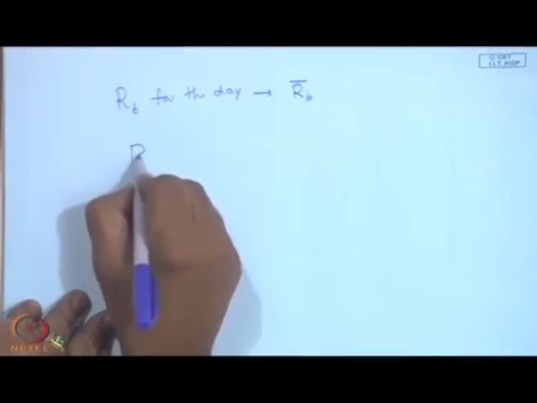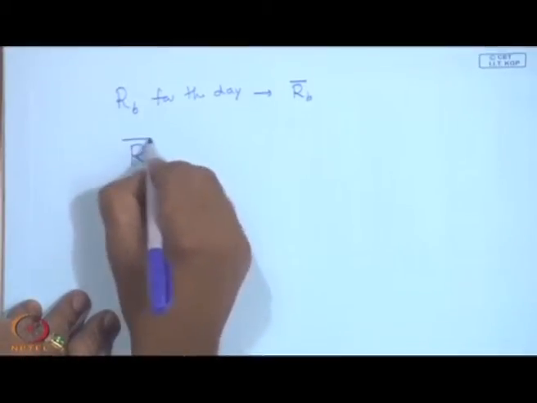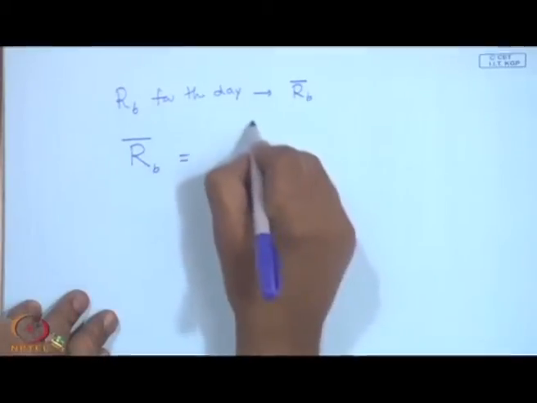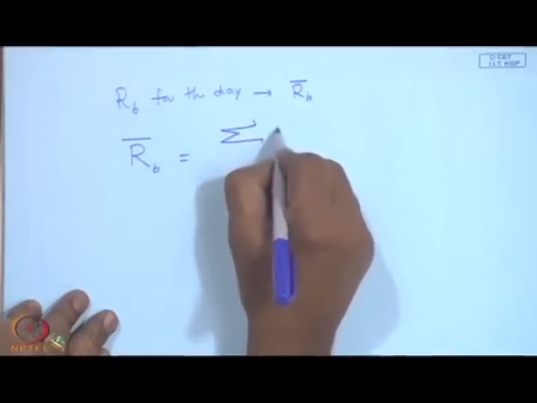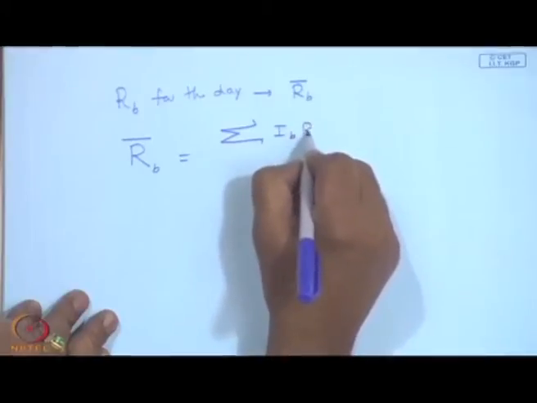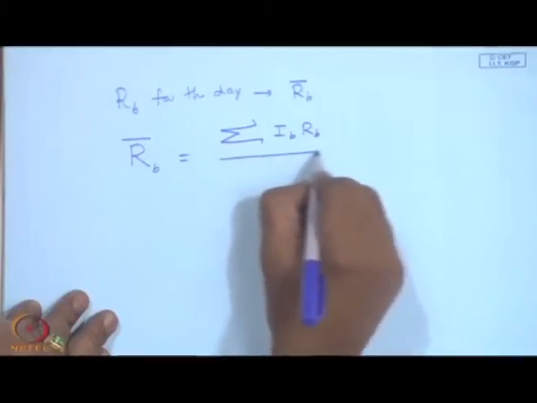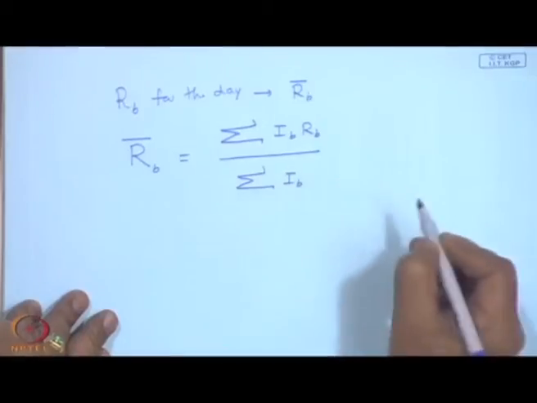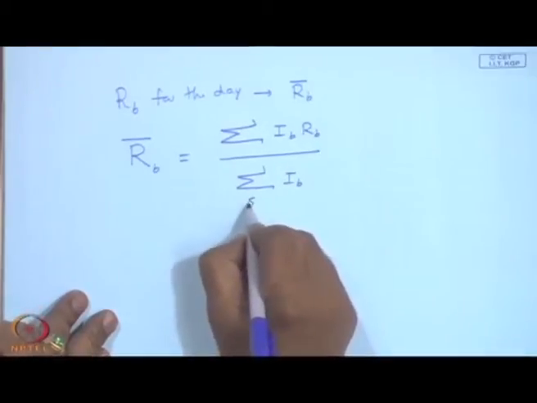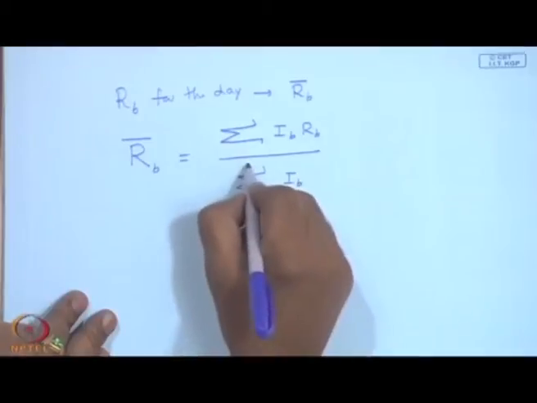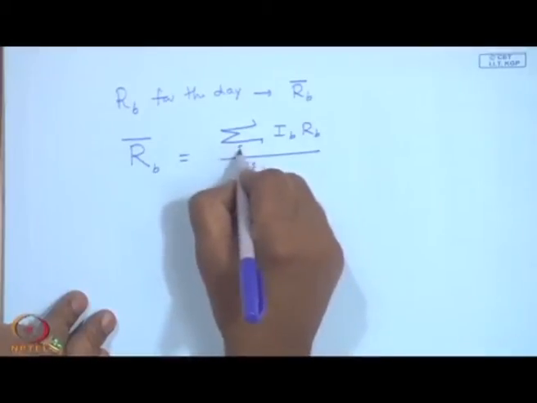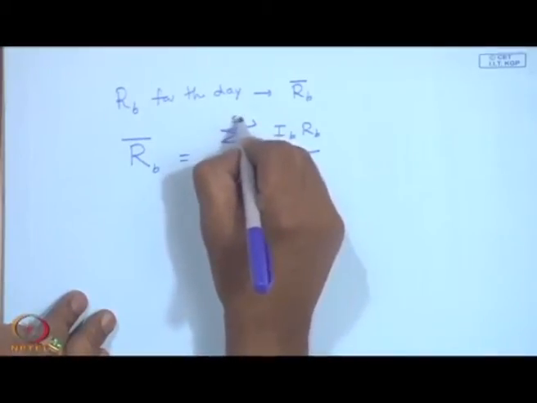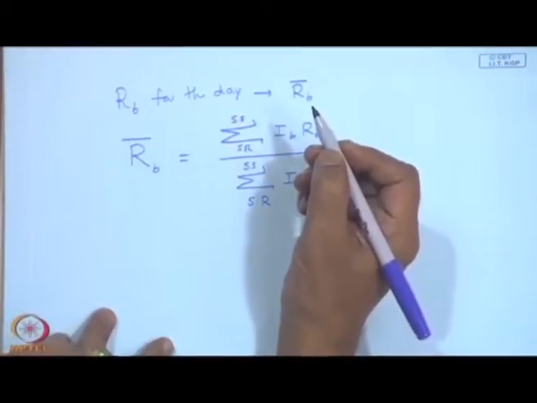So, this R B bar should be equal to the summation of I B R B over the summation of I B, again categorically from sunrise to sunset, right.